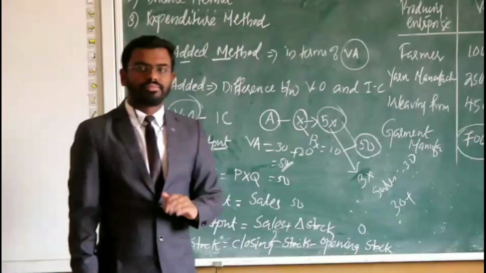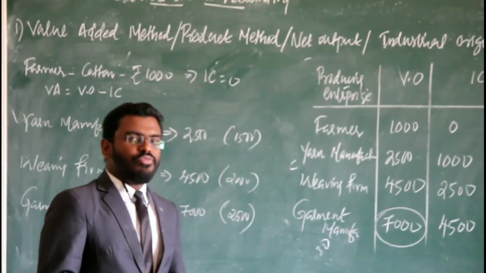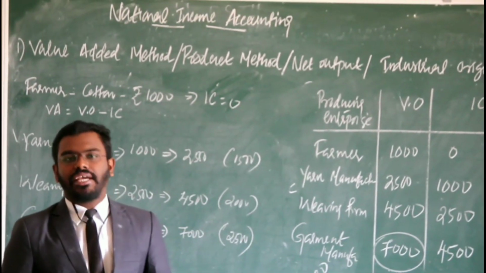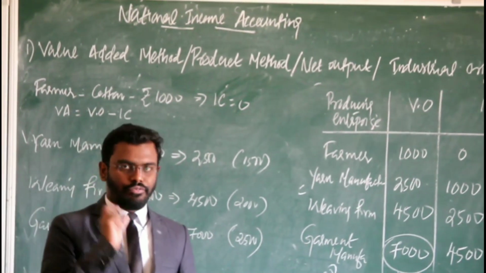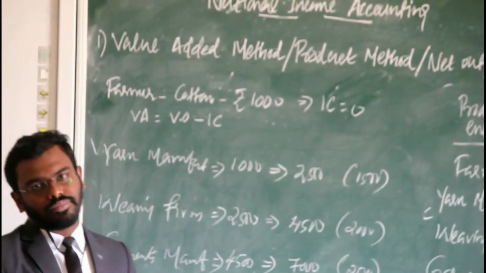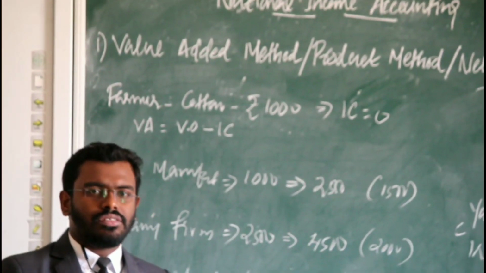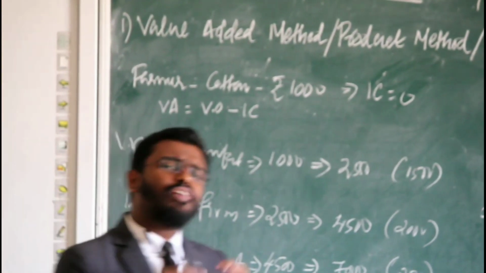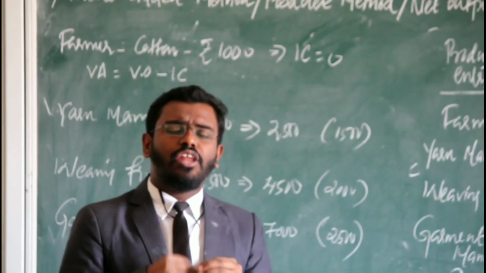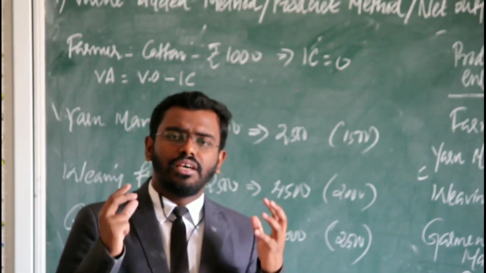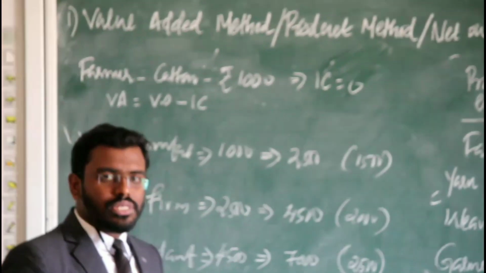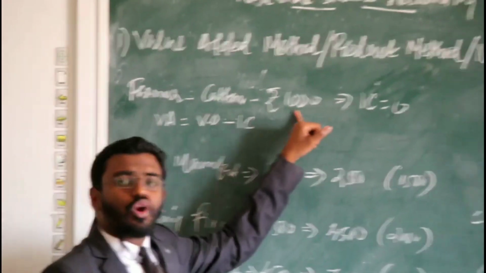Good morning, students. This value added method we can explain with the help of an example. Okay, listen carefully. First of all, a farmer produced some raw cotton, and here we are assuming that the value of intermediary cost, otherwise the raw material, is 0, and he produced 1,000 rupees of raw cotton.